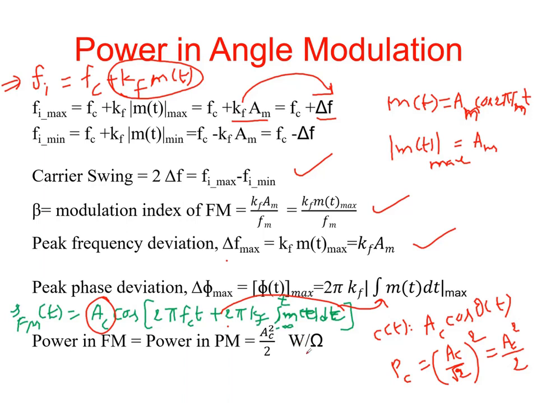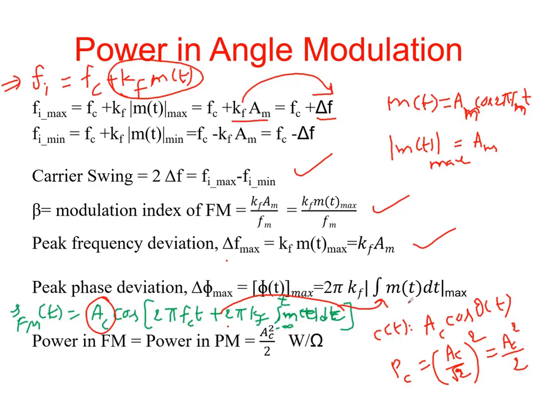For unity resistance the power is Ac square by 2. The conclusion you can observe here is that power in FM remains always constant.